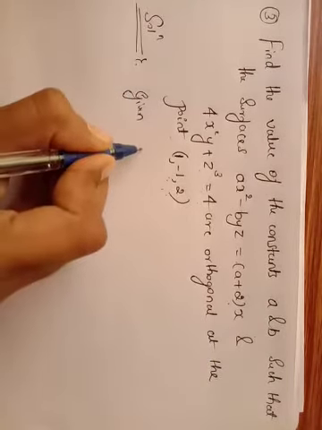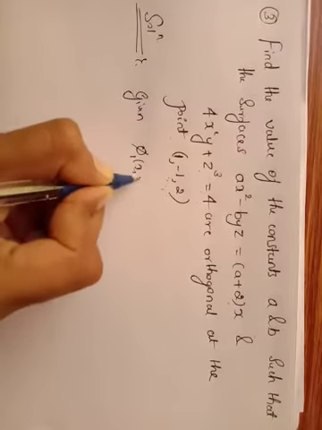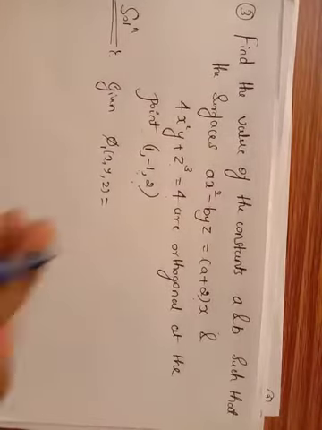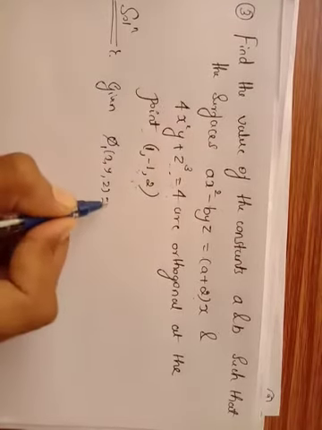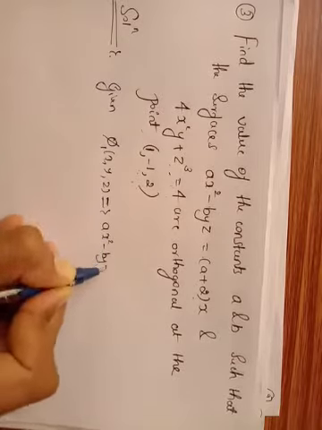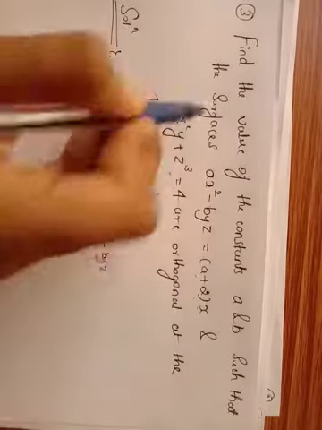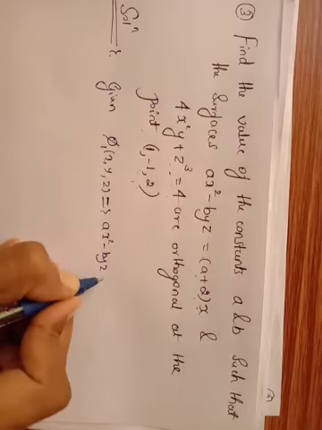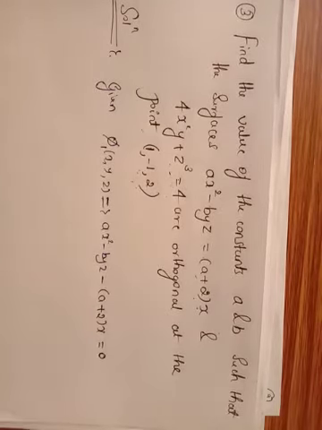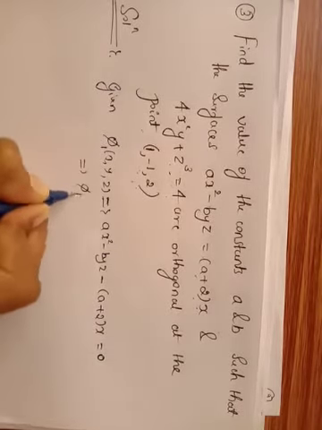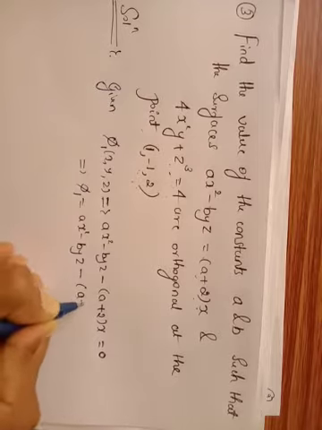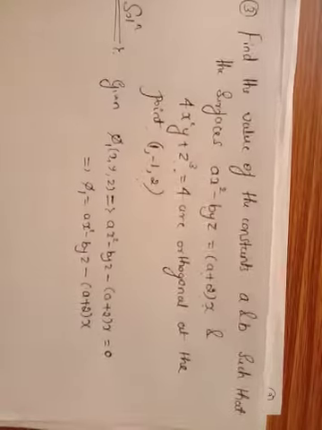Given, consider the first surface equation as phi 1 of x, y, z and the second surface equation as phi 2. Phi 1 of x, y, z: ax square minus byz equals a plus 2 of x. Transposing the right-hand side to the left, it becomes minus of (a plus 2) of x equals 0. This implies phi 1 is equal to ax square minus byz minus (a plus 2) of x.